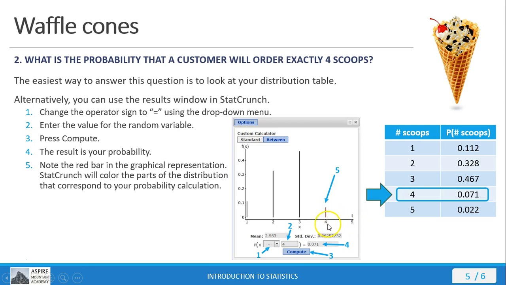And 4 or less would be the 4, the 3, the 2, and the 1. All those would be colored red. So this is a really nifty feature of StatCrunch, where when you're using these distribution calculators, you have a graphical feature up here that can give you a clue as to what probability you're actually calculating, and that visual clue can indicate to you whether or not you're calculating what it is you really want to calculate.